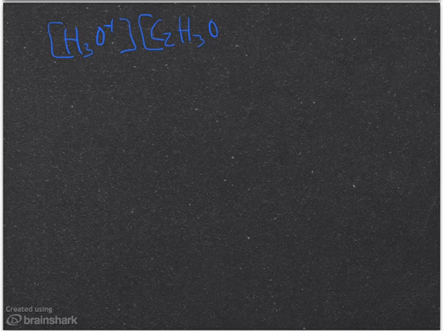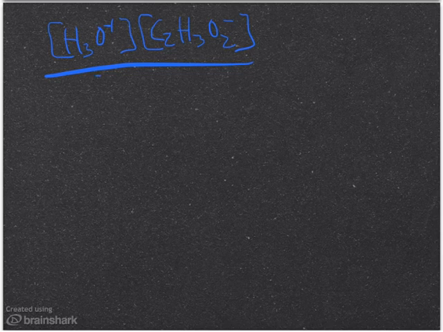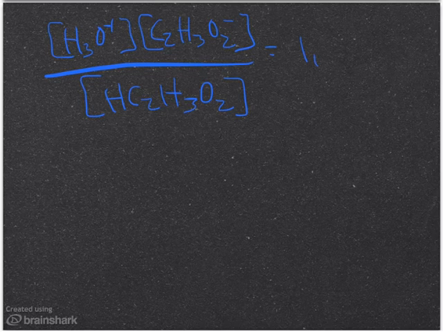So then if you were to set up your equilibrium expression, or your ionization expression, you'd have your H3O plus and your C2H3O2 minus, all over your HC2H3O2 at a particular Ka, which was given to you in the problem, and happened to be 1.7 times 10 to the negative 5.